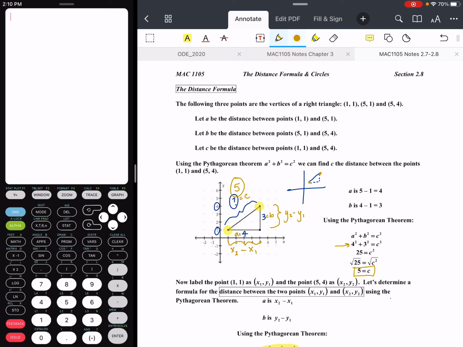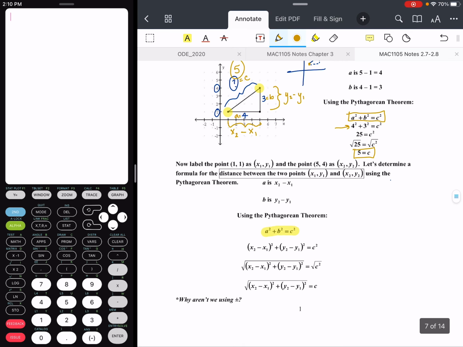So if we rewrite this formula, a squared plus b squared equals c squared, as x sub 2 minus x sub 1 squared, right, that's our horizontal distance, plus y sub 2 minus y sub 1 squared, that's our vertical distance, and set that equal to c squared for our hypotenuse.